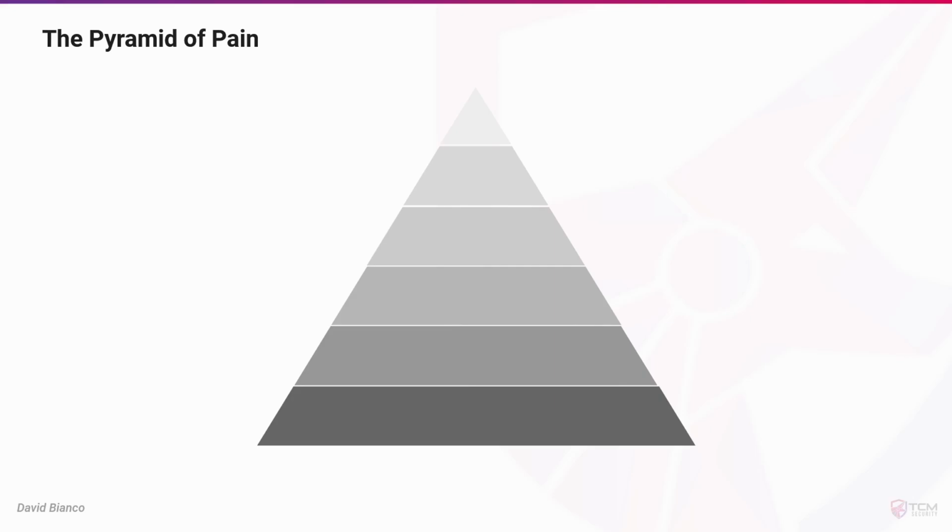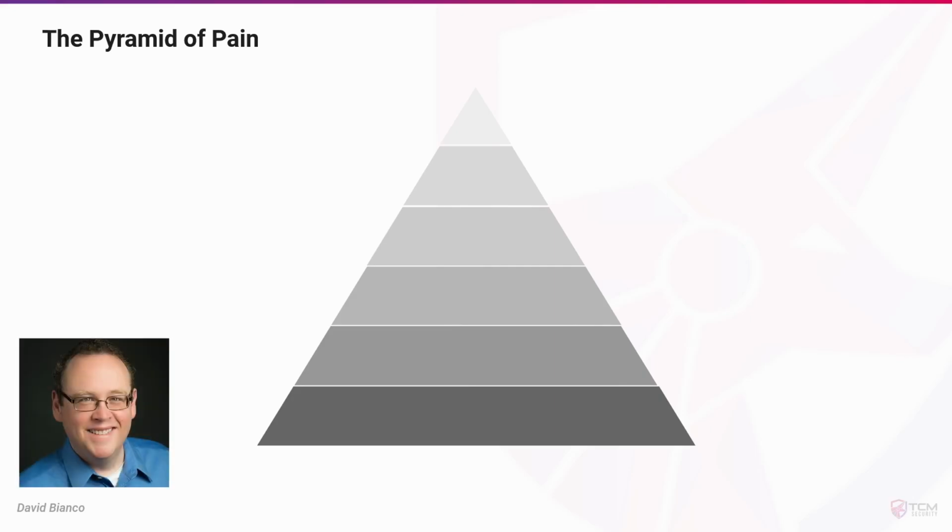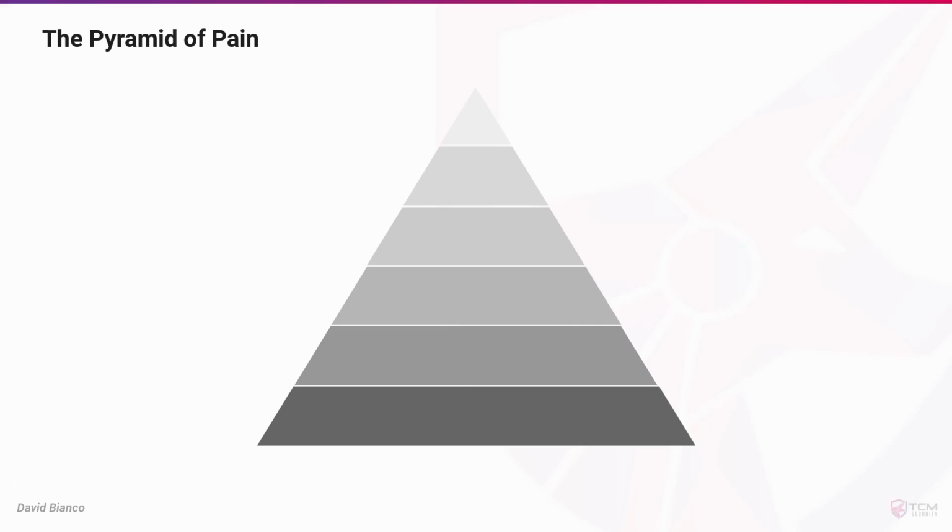And credit where credit is due, the pyramid of pain was developed by David Bianco as part of a discussion around detection strategies in his organization, and the problem he had trying to convey why simply ingesting more and more threat intelligence is not the silver bullet or the magical answer.